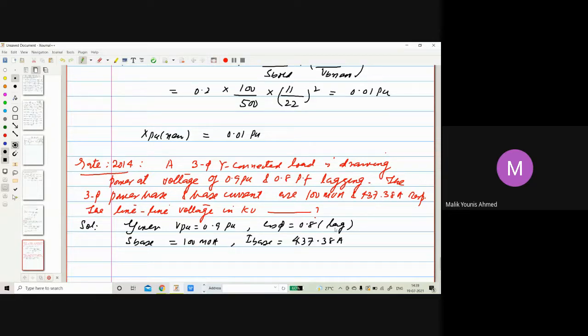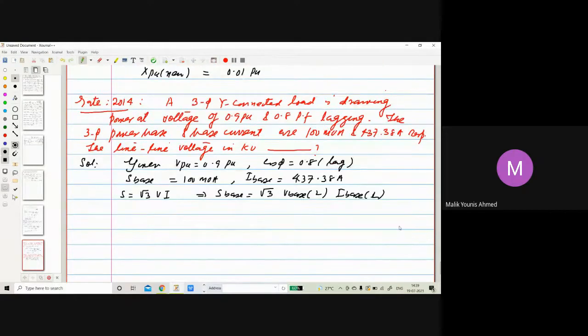I base is 437.38 amps. But we know that in a three-phase system, S is root 3 V_LL I_L. So we can write S base in the same way. Whatever the expressions are in actual values, the same will hold in per unit or base values also: S base equals root 3 V base line-to-line times I base. Out of this, S we know already.